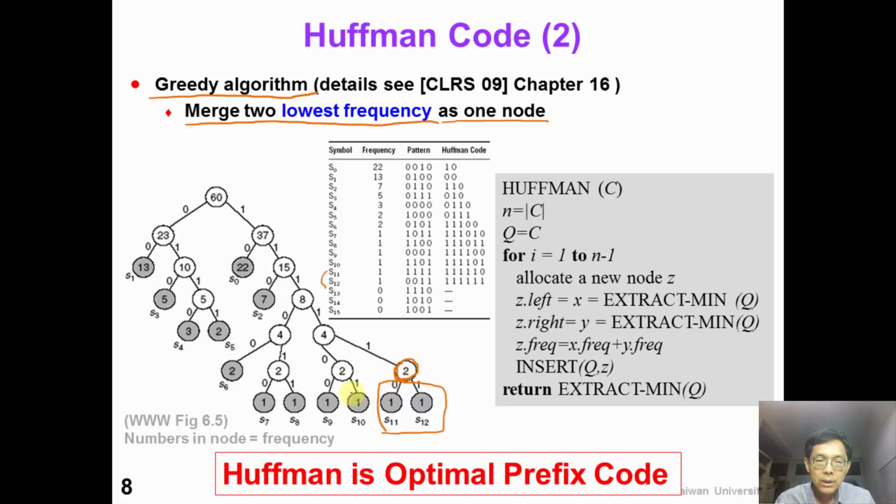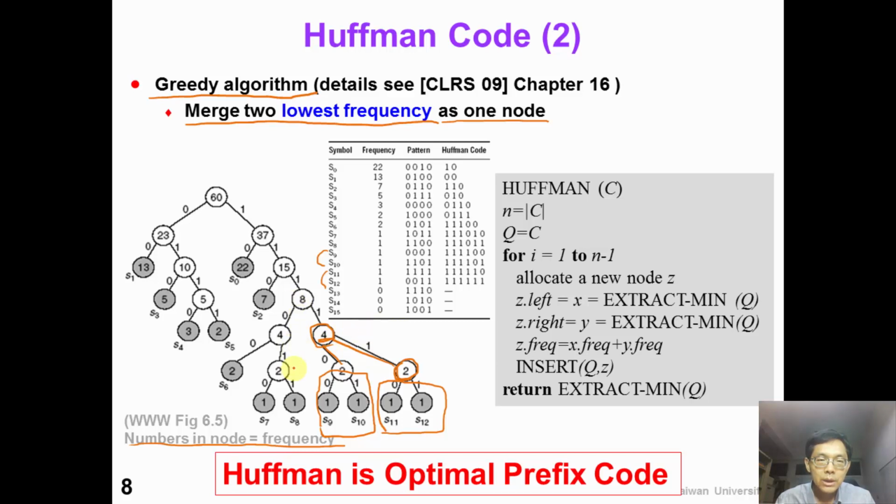In this tree, the numbers in the node represent the frequency of occurrence. Similarly, S9 and S10 are merged into one node, and these 2 nodes are merged into a bigger node of total frequency of occurrence of 4.